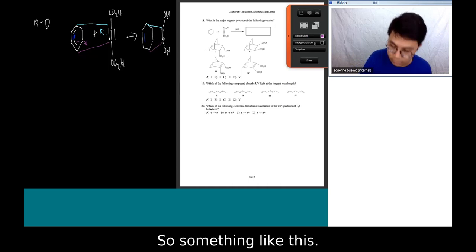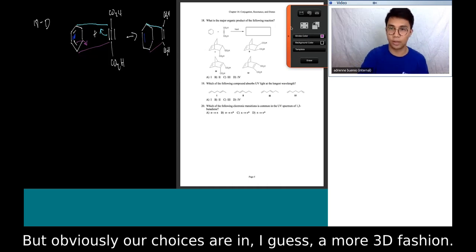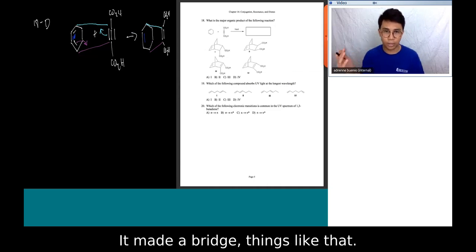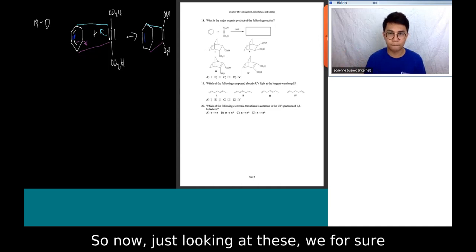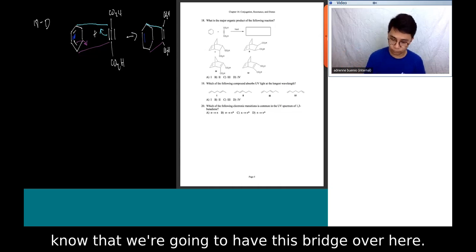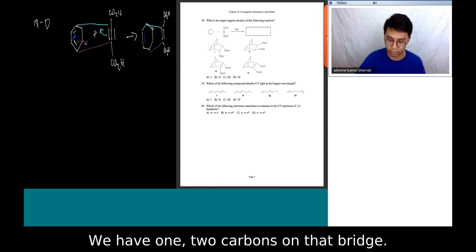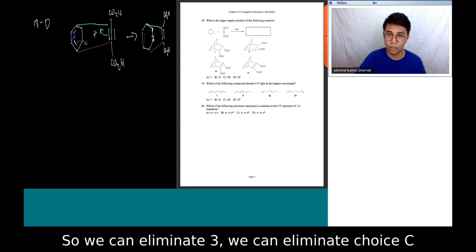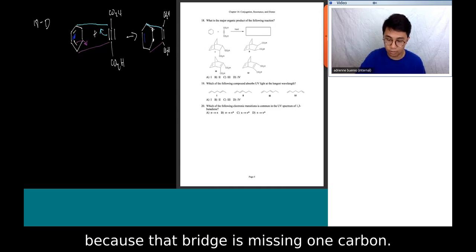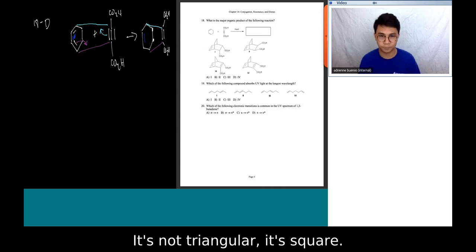So something like this, right? But obviously our choices are in a more 3D fashion. It made a bridge, things like that. So now, just looking at these, we for sure know that we're going to have this bridge over here, right? And what is this bridge? We have one, two carbons on that bridge, right? So we can eliminate choice C because that bridge is missing one carbon, right? It's not triangular, it's square.